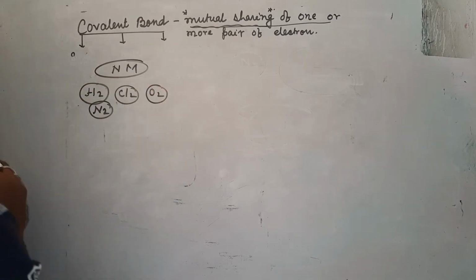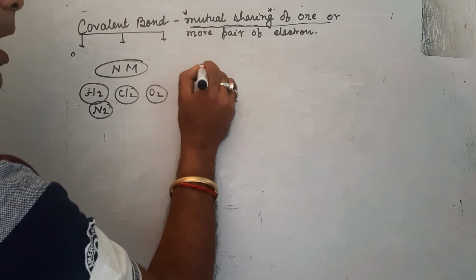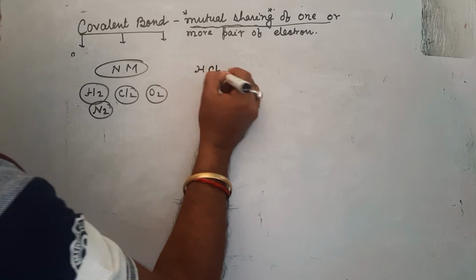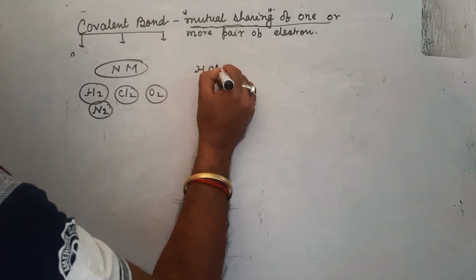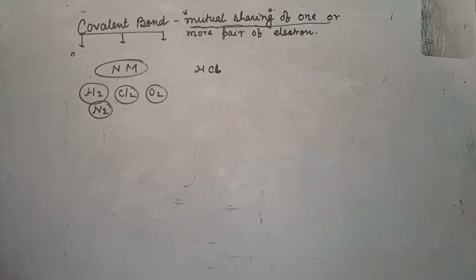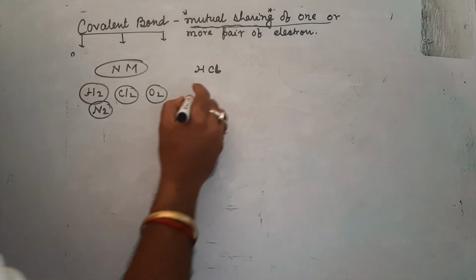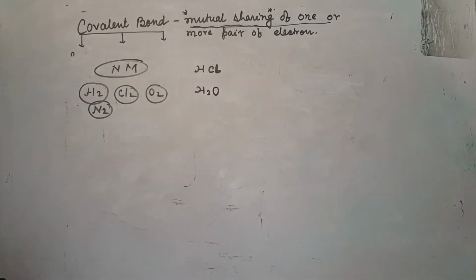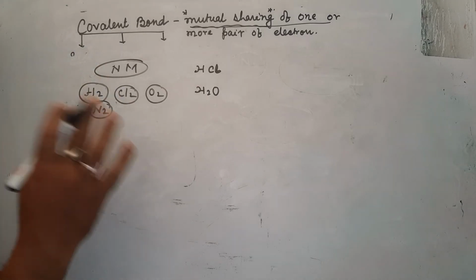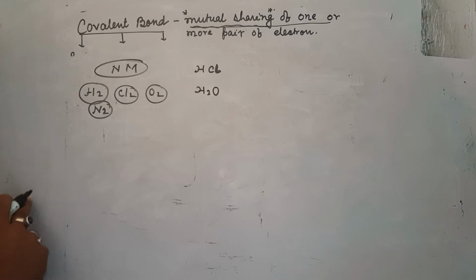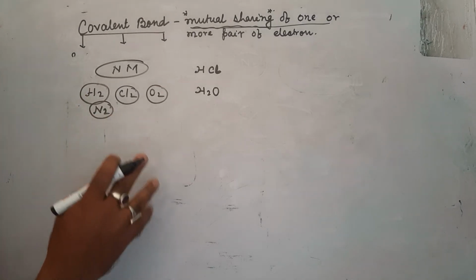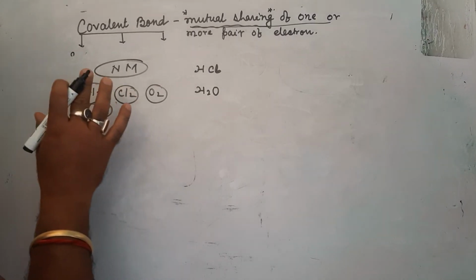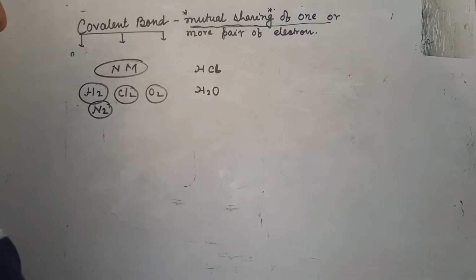Different non-metals means hydrogen is a non-metal and chlorine is a non-metal, so HCl forms a covalent bond. Water: hydrogen is a non-metal and oxygen is a non-metal. So covalent compounds are formed by non-metals, while electrovalent compounds are formed by a metal and a non-metal. Covalent bonds form only between non-metals of the same kind or different kinds.